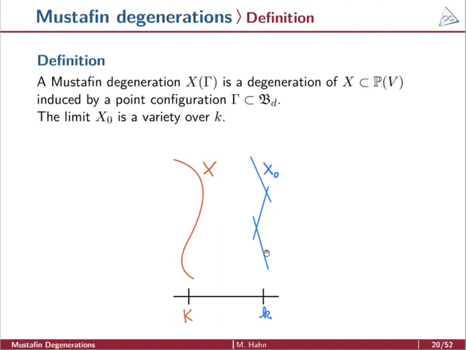So we consider an algebraic geometric object in characteristic 0, and the limit of this degeneration is going to be an algebraic geometric object in characteristic p, because it lives over the field with p elements, F_p, and it's also in some sense going to be a discrete structure, because of course the projective space associated to F_p^n only has finitely many points. So what these Mustafin degenerations therefore do in some sense is they are a combinatorial dictionary between the algebraic geometry in characteristic 0 and the arithmetic geometry in characteristic p.